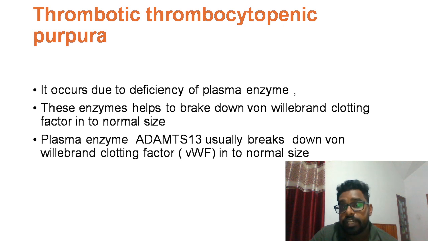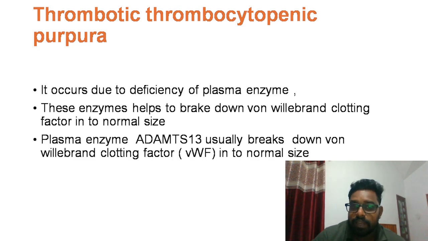Thrombotic thrombocytopenic purpura. What do you mean by thrombotic thrombocytopenic purpura? It mainly occurs due to the deficiency of a plasma enzyme. Which plasma enzyme? The plasma enzyme known as ADAMTS13. Due to the deficiency of this plasma enzyme, thrombotic thrombocytopenic purpura will happen.